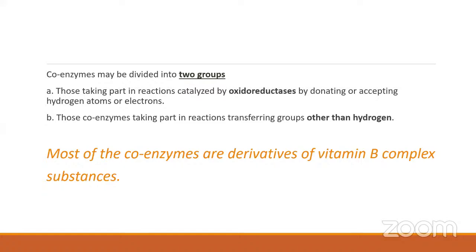The first group of coenzymes takes part in reactions catalyzed by oxidation and reduction, that is donating or accepting hydrogen atoms or electrons. So these coenzymes take part in oxidoreductase, oxidation-reduction coupling reactions. And the second group of coenzymes takes part in reactions transferring groups other than hydrogen.